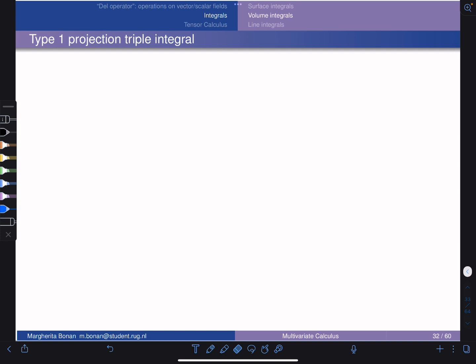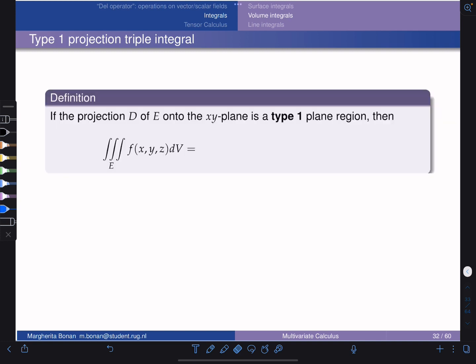Okay, now we can give some definitions. If the projection D of the solid region E onto the xy plane is a type 1 plane region, then the triple integral of f is equal to the integral from a to b, then from g1 of x to g2 of x, and then from u1 of (x,y) to u2 of (x,y) of the function.